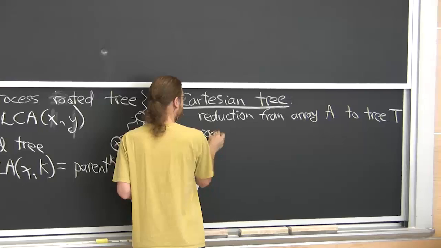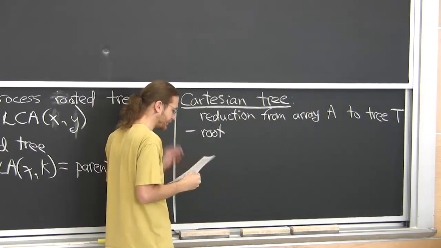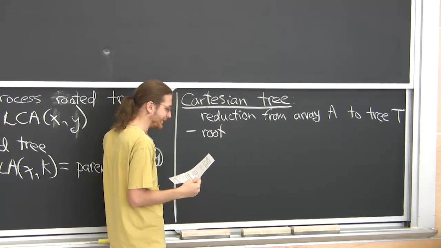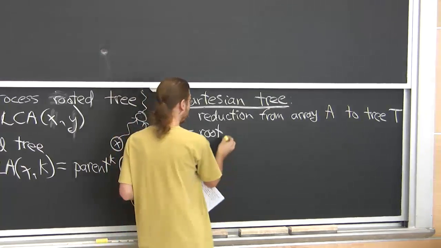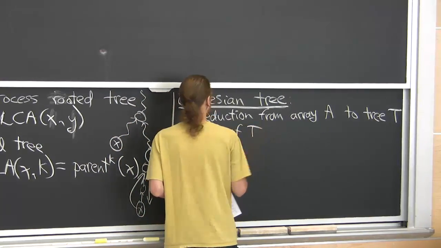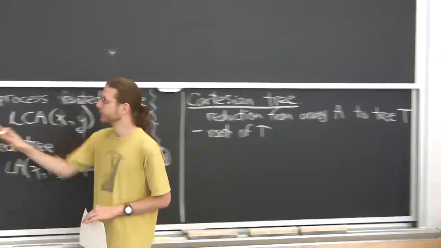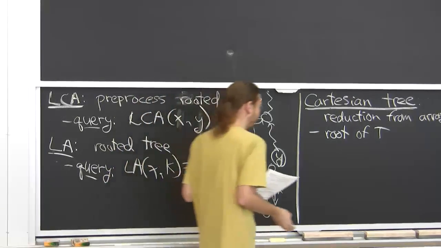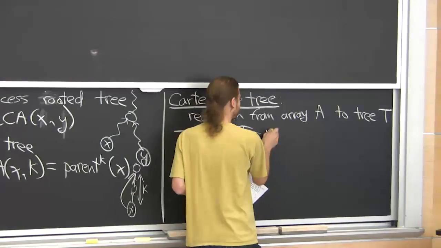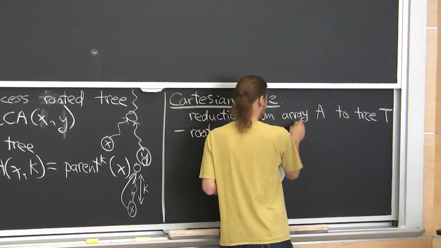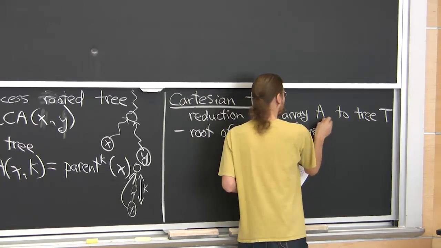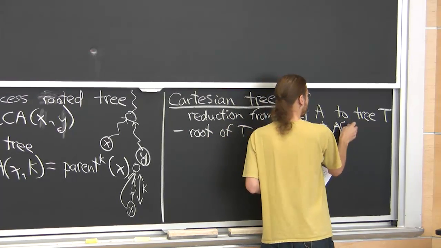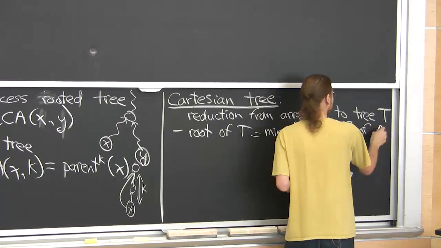A very simple idea. It's called the Cartesian tree. It goes back to Gabow, Bentley, and Tarjan in 1984. So it's an old idea, but it comes up now and then, and in particular provides the equivalence between RMQ and LCA, or one direction of it. I just take a minimum element, let's call it A_i, of the array.